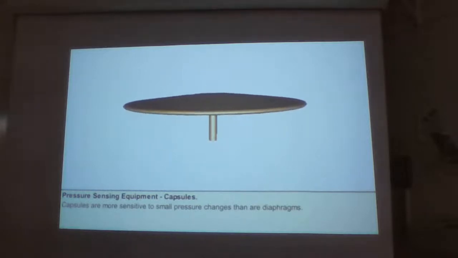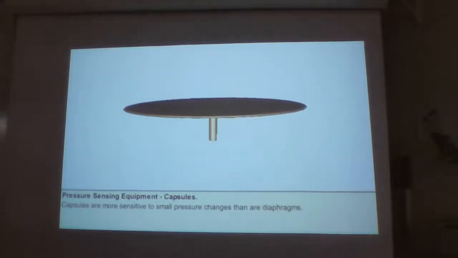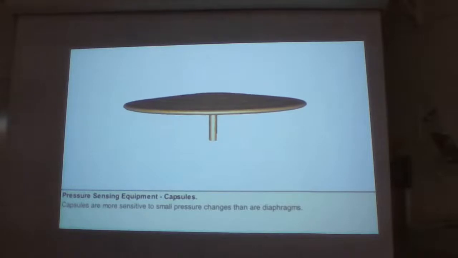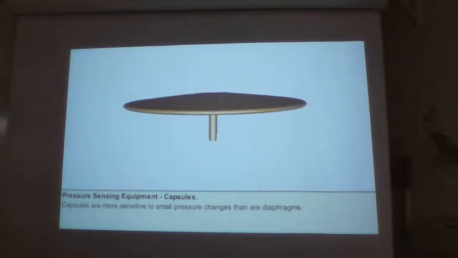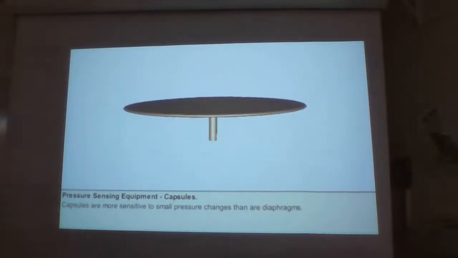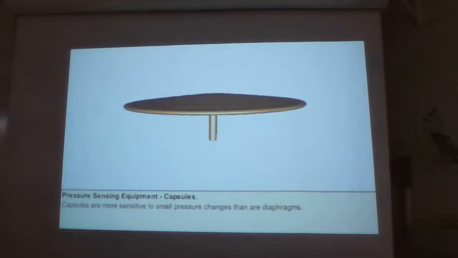The device thus constructed can then be used to either form a sealed chamber, which is called an aneroid capsule, or a chamber which is communicated to a pressure source, which is called a pressure capsule. Capsules, as diaphragms, are also used to measure low pressure, but capsules are more sensitive to small pressure changes than are diaphragms.